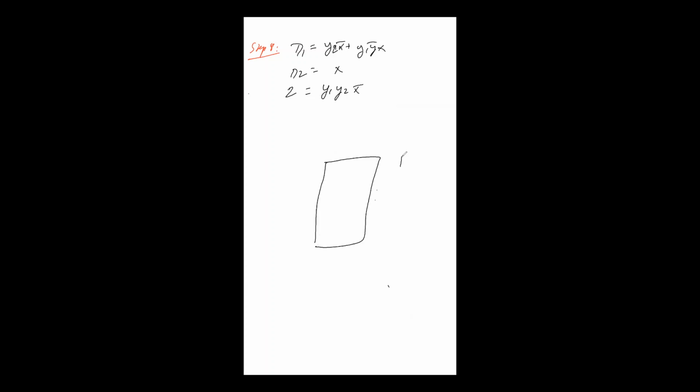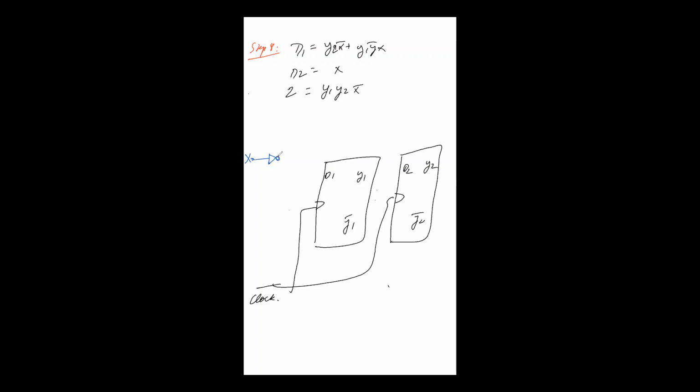So now we will draw the logic diagram. Let us suppose this is the first flip-flop, Y1, and this is the second flip-flop. Inputs are D1, outputs Y1, Y1 bar, D2, Y2, Y2 bar. Give the clock pulses. This is your clock. Now let us suppose you are giving an input X and you are providing a NOT gate here.